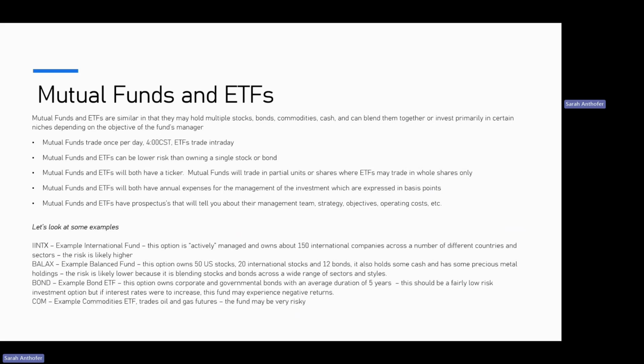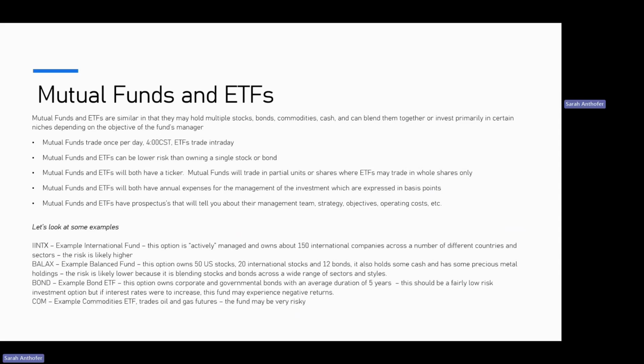So if I'm looking for something that's a little bit easier for me to operate, and I don't want to have to go out and do research on what stock to buy or what bond to buy, I just want to pick something that aligns with my overall investment objective. I can buy a mutual fund or an ETF, and I'm essentially going to be paying on an annual basis for that manager's performance or that manager's skill.